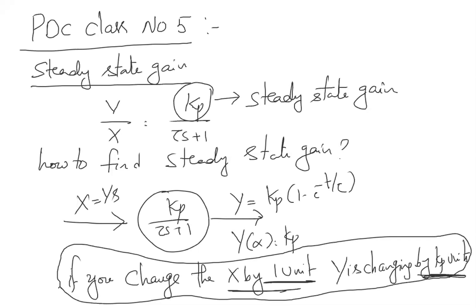Understood? So for finding the steady state gain, give a step change in the input, find the ultimate value of the response, and see how many units the output is gaining. That is nothing but the steady state gain.